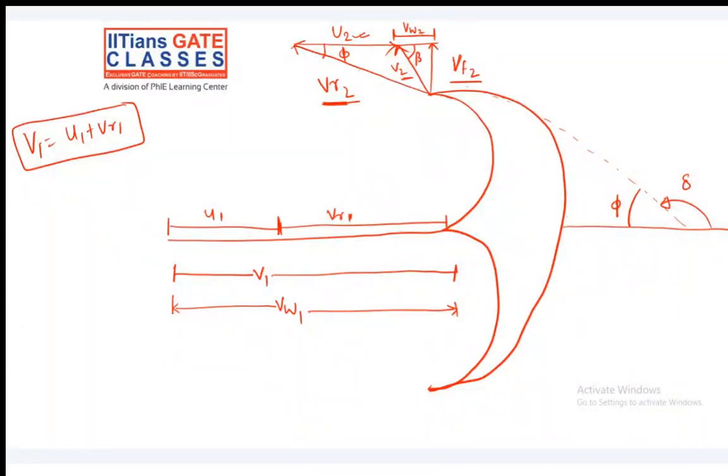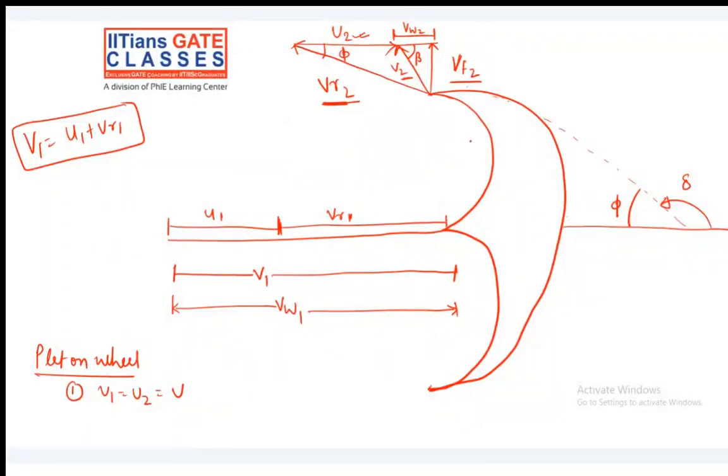And in this Pelton wheel, which things are fixed? First thing is u1 is equal to u2, and this is equal to u, the tangential velocity of the wheel at entry.